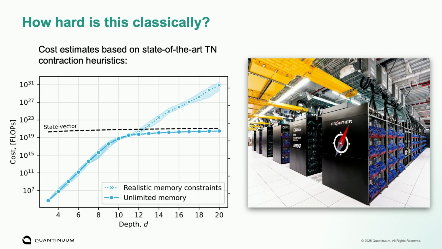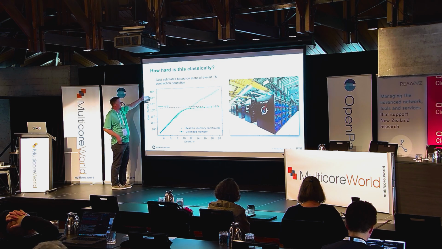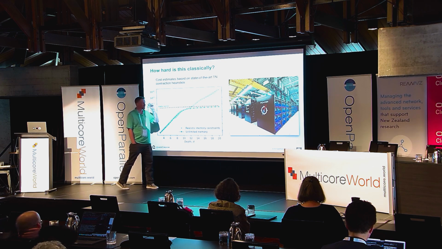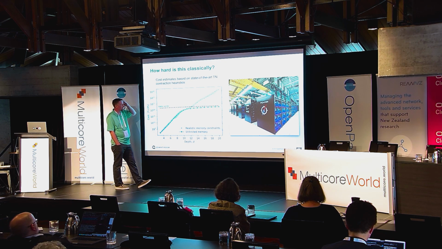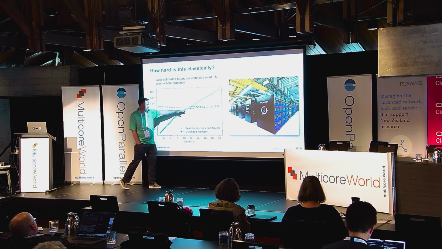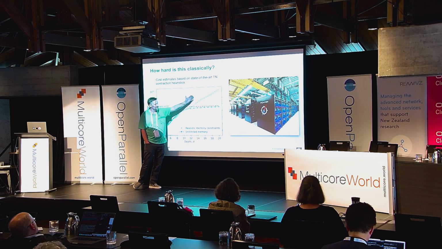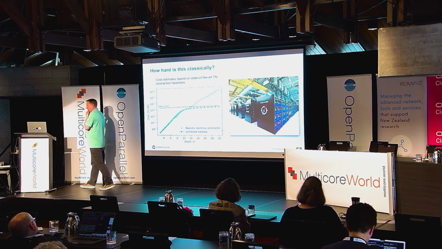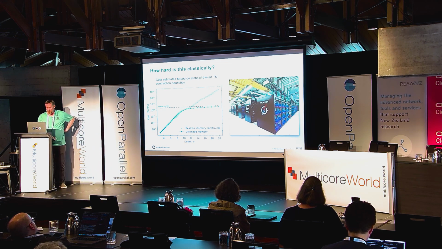And this is some cost and flops. And you asymptote to what you have to do, a full state vector simulation of the machine. And then this is some unlimited memory assumption, which is not realistic. And you put more realistic memory constraints, and all of a sudden, the problem continues to get harder as you grow the depth of the circuit.